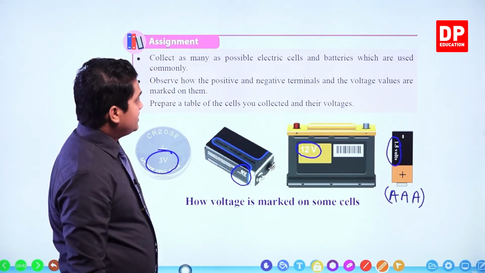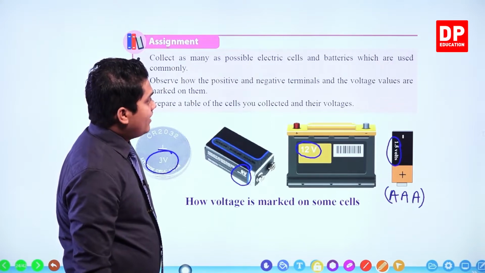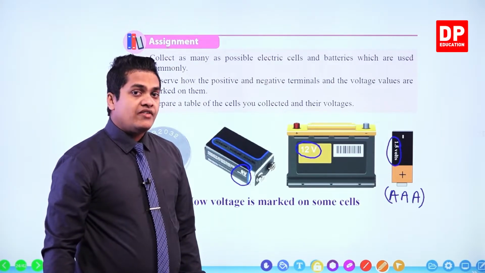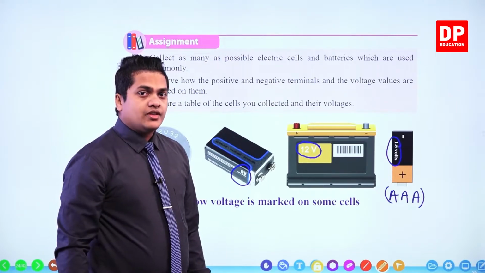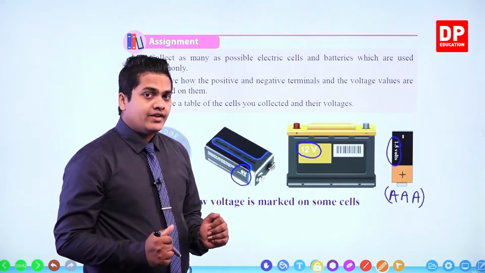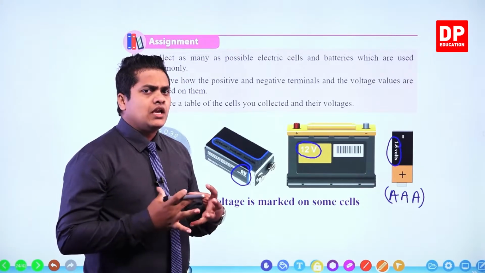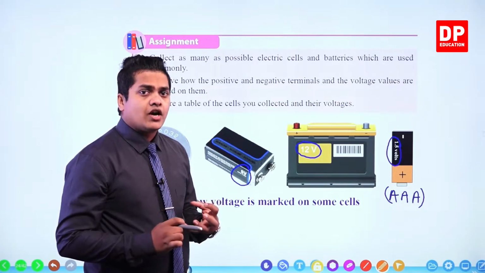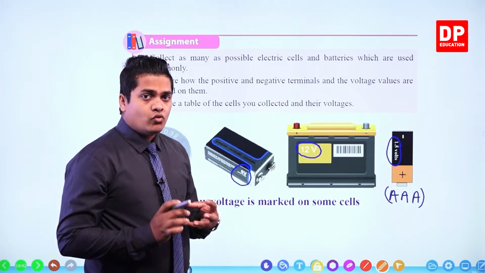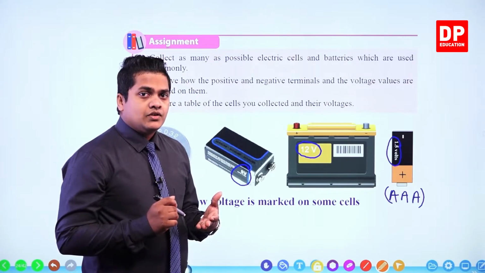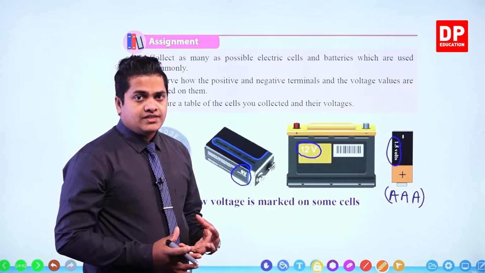Observe how the positive and negative terminals and the voltage values are marked on them. Then observe how the positive and the negative terminals are differentiated, and also how the potential difference or the voltage is marked on them, right? And if you want, you can tabulate the values, right? So you have to do this at home.